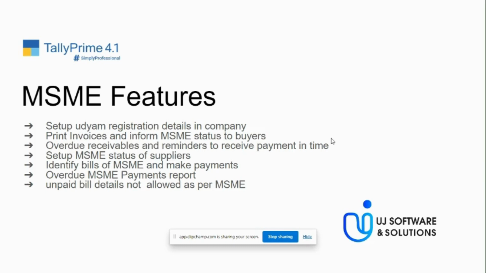Then set up MSME status for suppliers, identify MSME bills and make payments, and generate the overdue MSME payment report. Unpaid bill details not allowed as per MSME. We'll check out the form which is required to be filed.